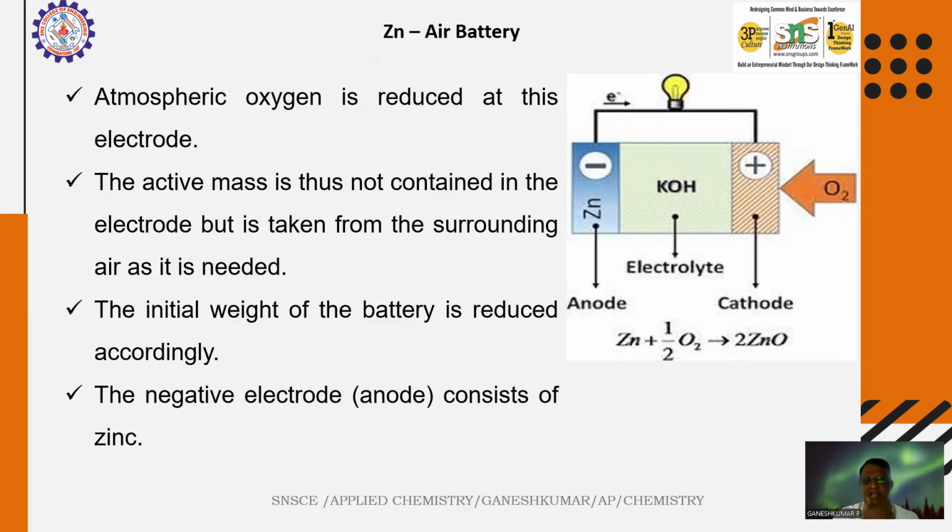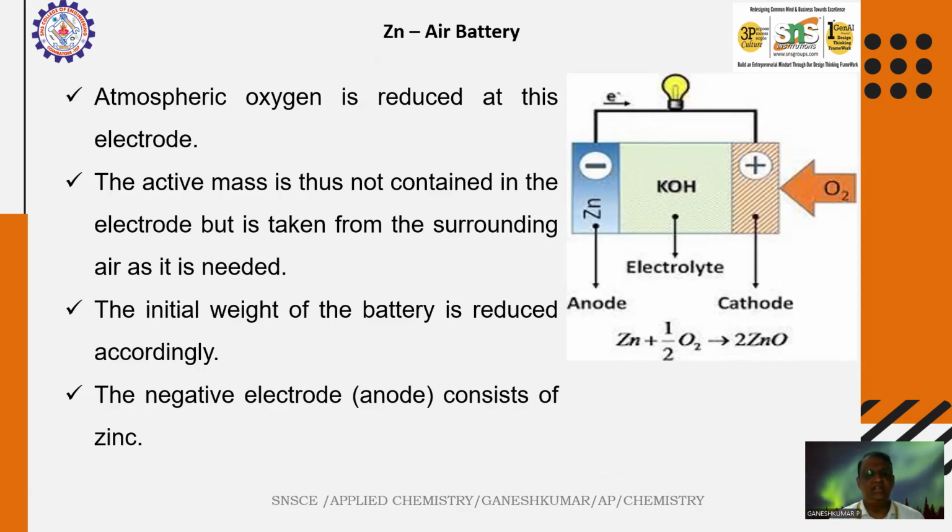You see the typical diagram in which the anode, the negative electrode, holds the zinc, and the cathode is where the oxygen enters. The zinc undergoes oxidation and produces electrons, and the electrons are transferred from the zinc to the cathode, where the oxygen undergoes a reduction process. So atmospheric oxygen is reduced at this electrode.